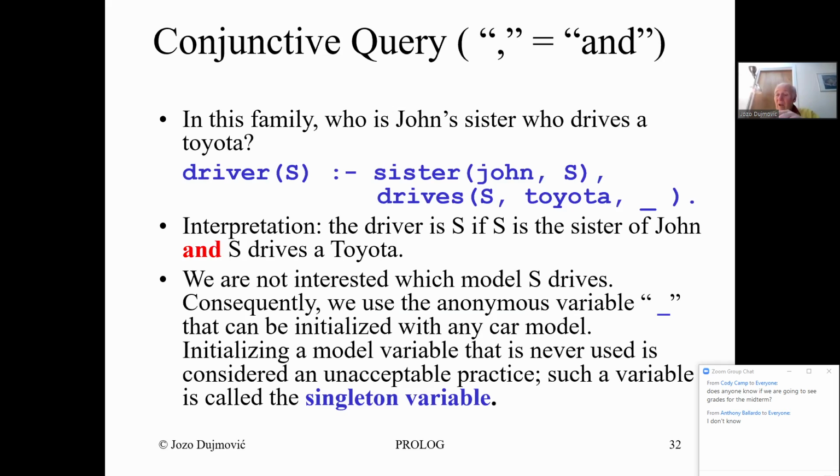Then this is most likely a typing error. So PROLOG will say you are not going to define a variable that you are never going to use, because you most likely made a typo, because otherwise you don't need it. So it is going to give you an error message and say this is a singleton variable.